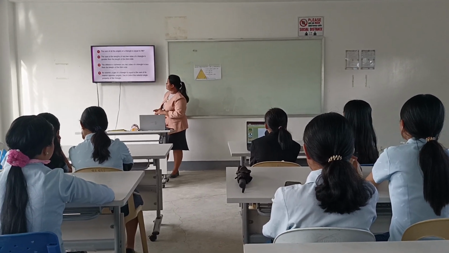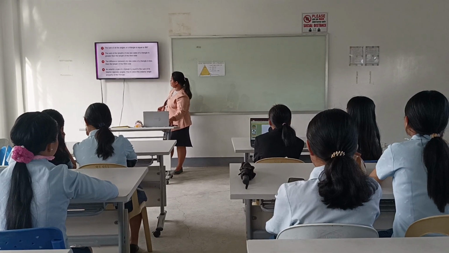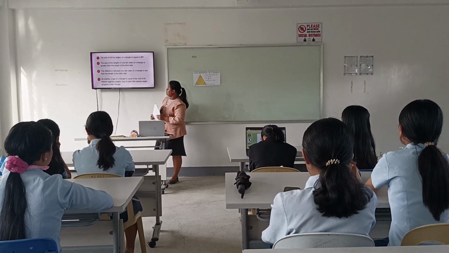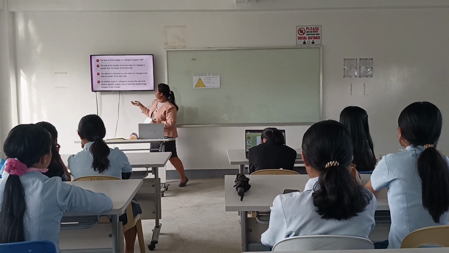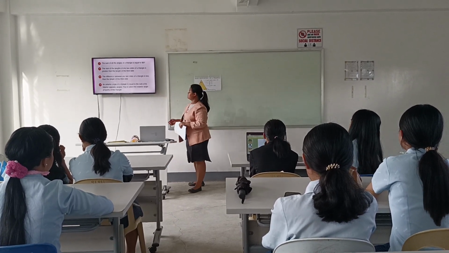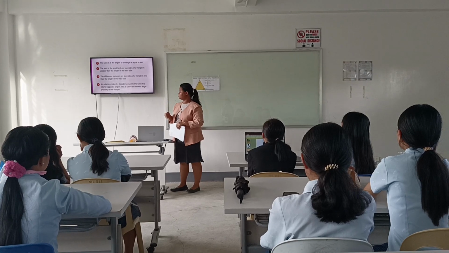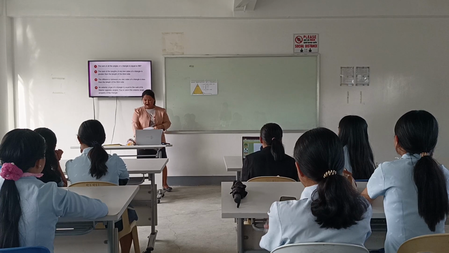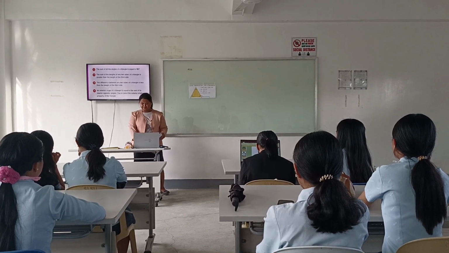Third, the difference between two sides of a triangle is less than the length of the third side. Lastly, the exterior angle of a triangle is equal to the sum of its interior opposite angles. This is called the exterior angle property.